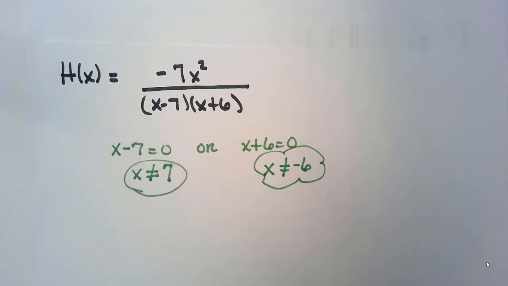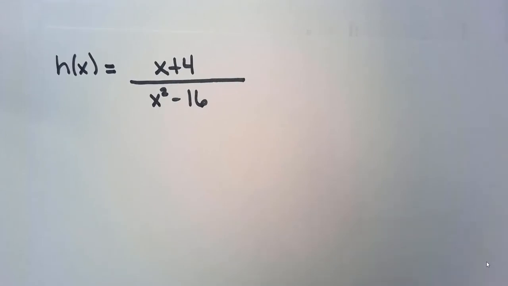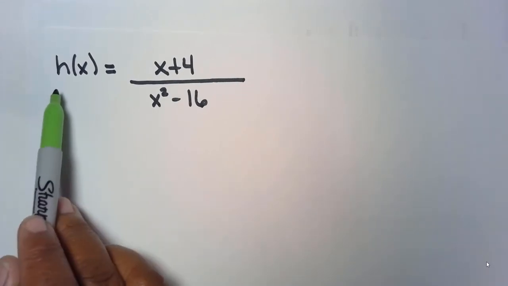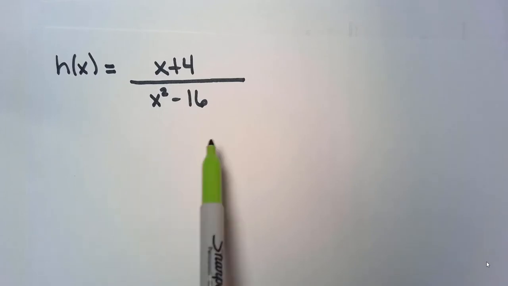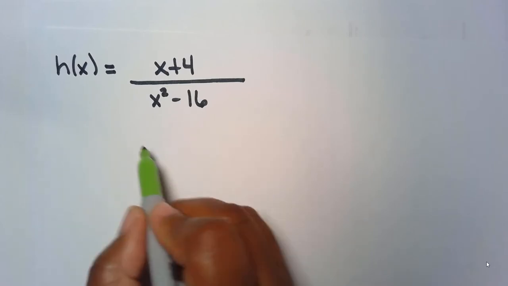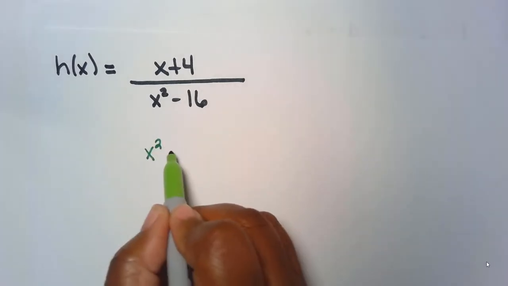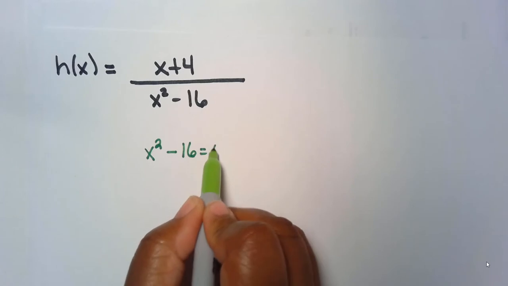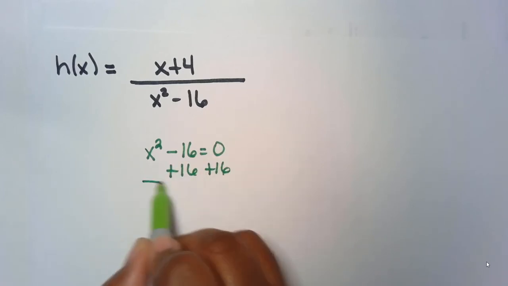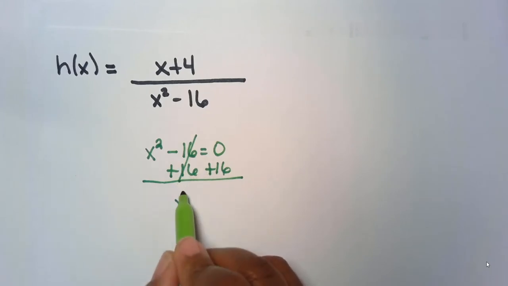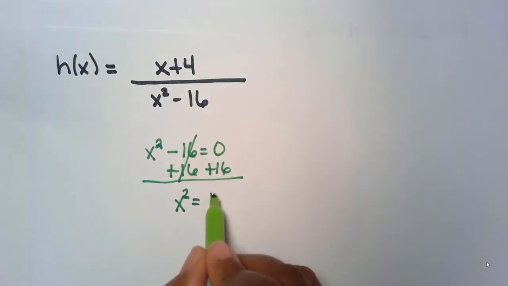Let's look at another one. We have here h of x is equal to x plus 4, all over x squared minus 16. So what we're going to do is set our denominator equal to 0 and solve for x. We're going to add 16 to both sides, and we have x squared is equal to 16.